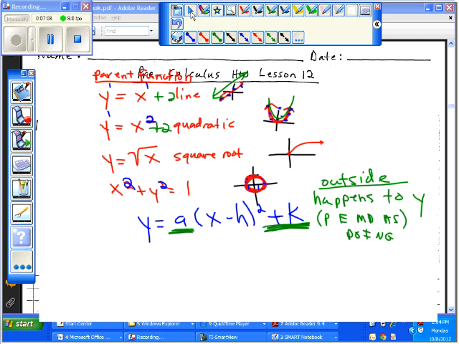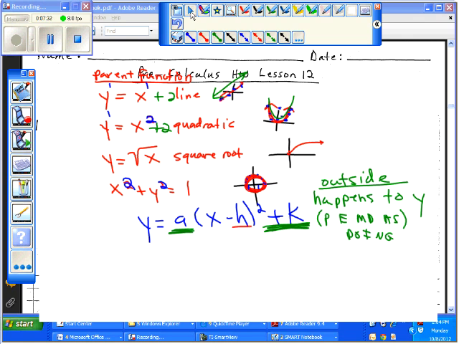I know that sounds goofy, but this is for real. What happens to the graph? What happens to the y of the parent function point is what's going on the outside of that parentheses. And it's going to happen to the y of the parent function point in the order of operations according to doing. You're going to see what I'm talking about in a minute.